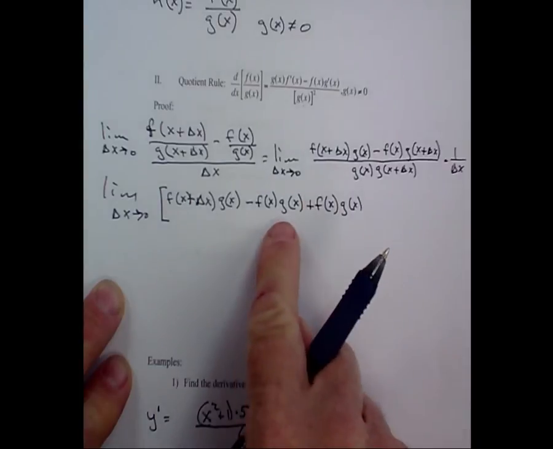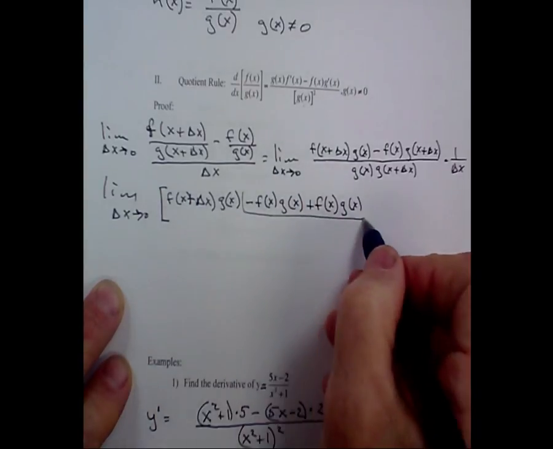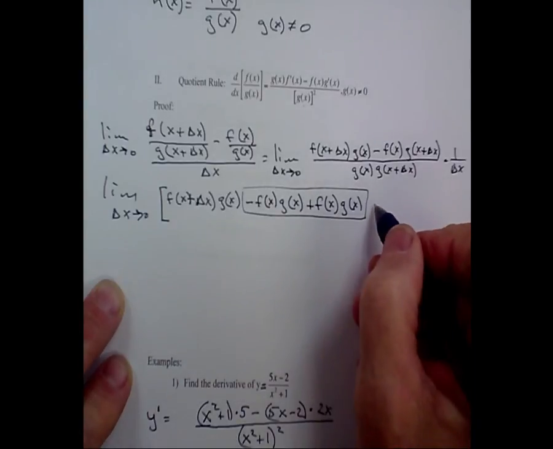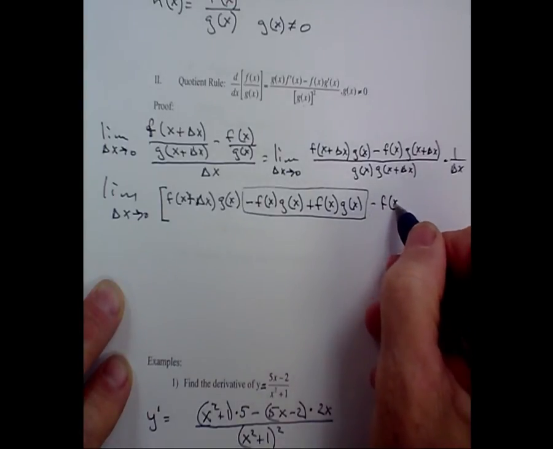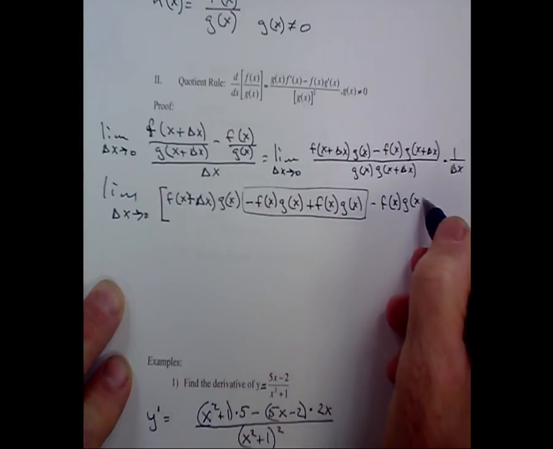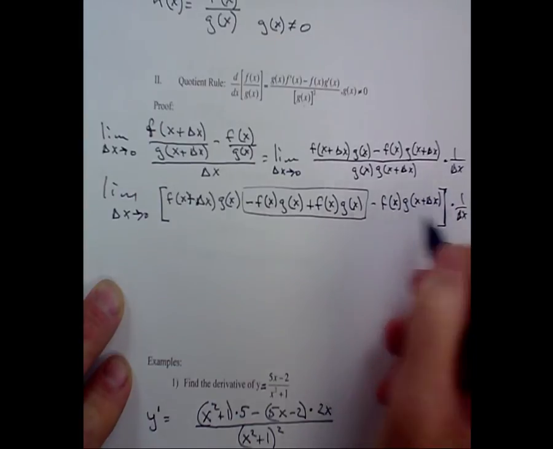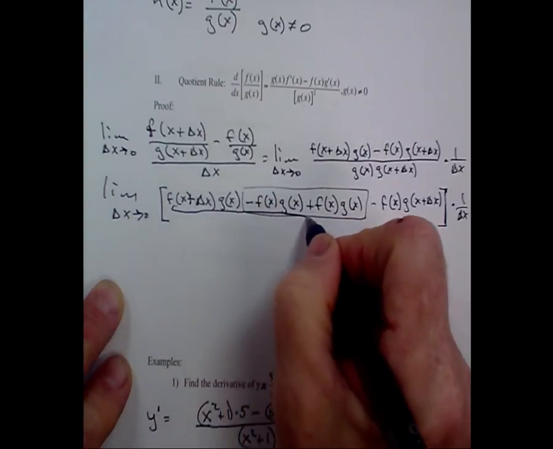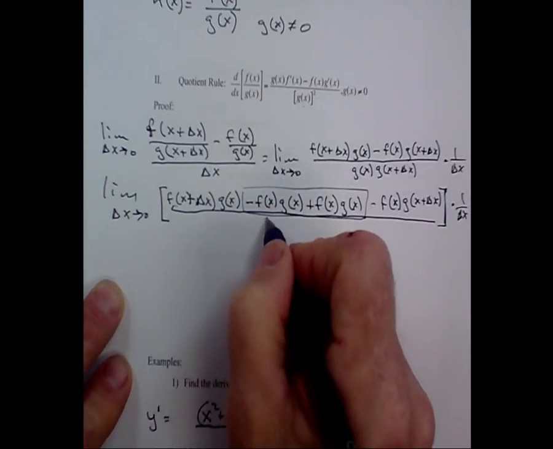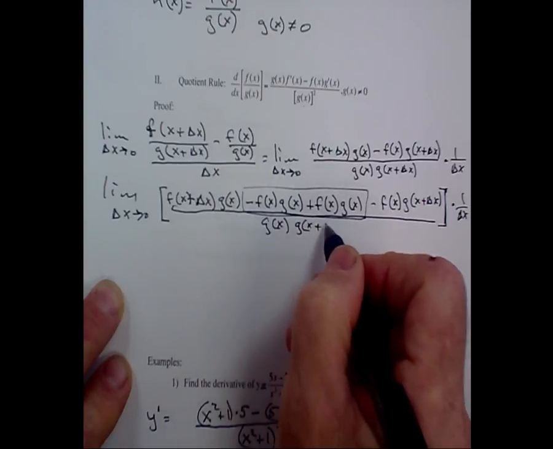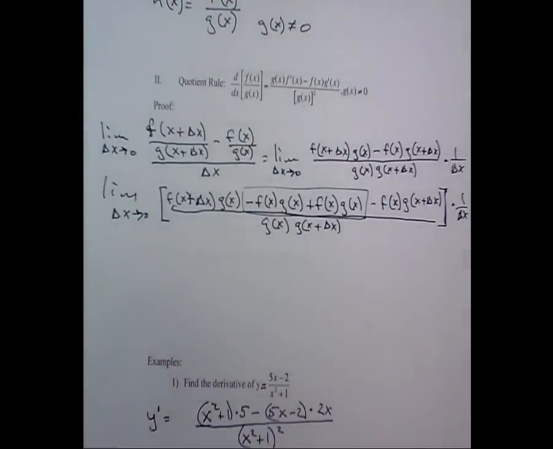So there's my 0 right here. That's my 0. Minus f of x g of x plus delta x, over delta x, all over g of x plus delta x.